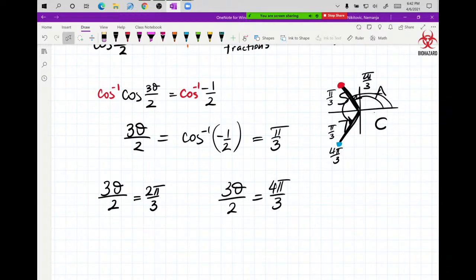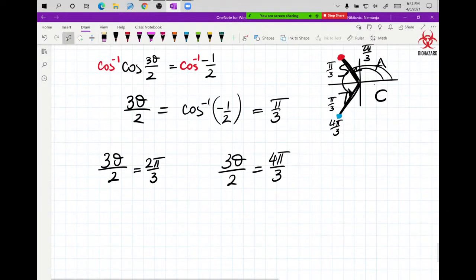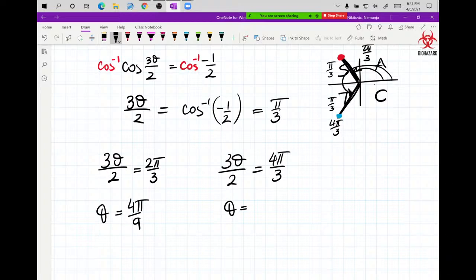Now, deal with your basic arithmetic here. Multiply both sides by 2/3. So first theta is 4 pi over 9. And the other theta, when you multiply by 2/3, is 8 pi over 9.